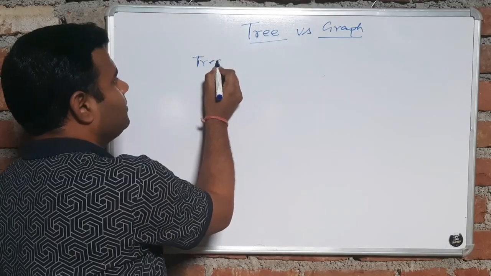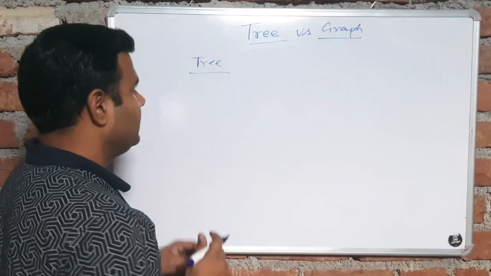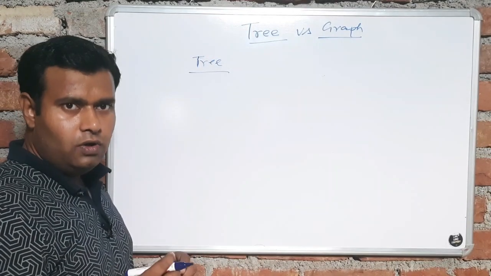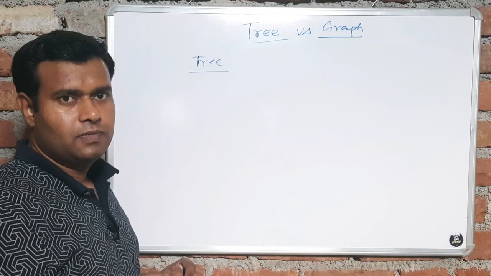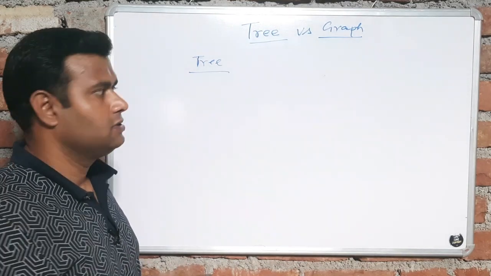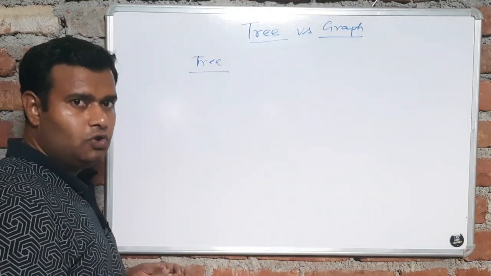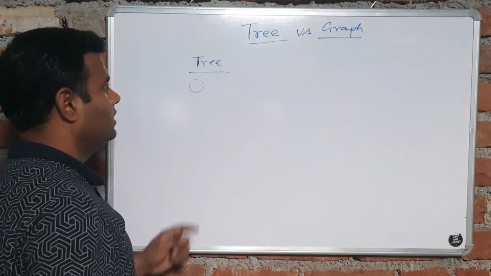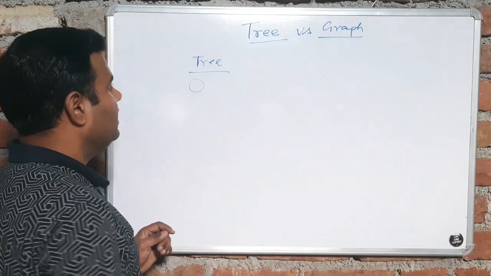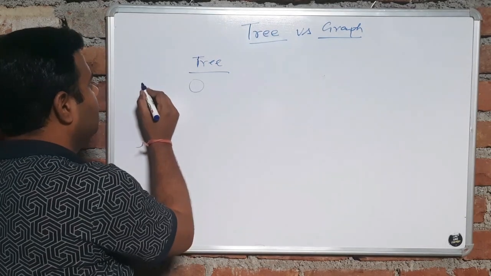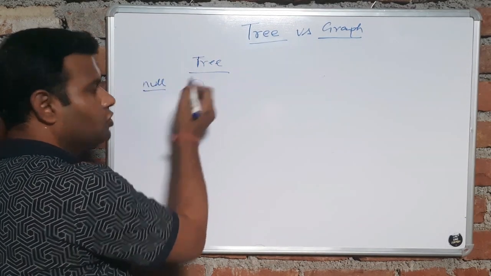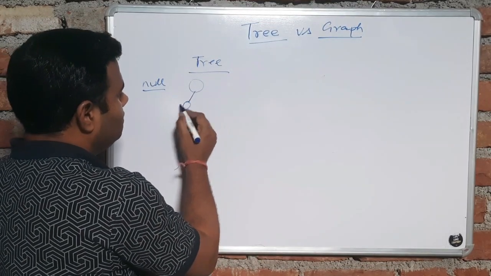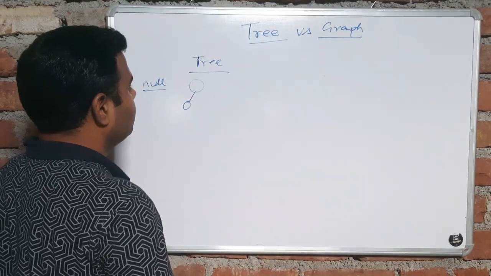So in short, I'll explain what a tree is. A tree is a data structure which has a node and its children, and there can be many children. Either it can be 0 or multiple. So given a node, this is a tree. Even if there is nothing, null, that is also a tree. It has one node, then it is a tree.